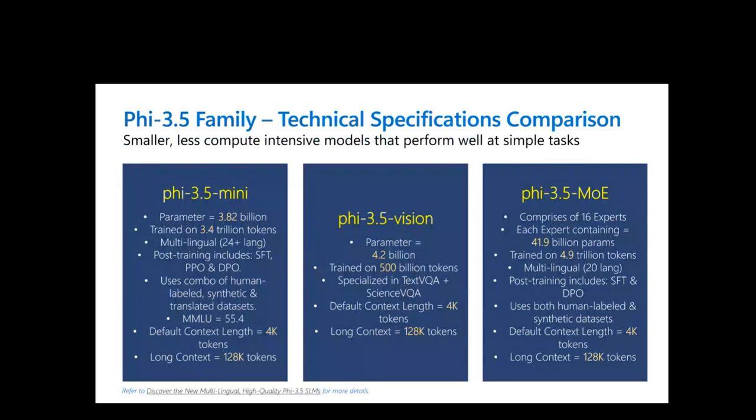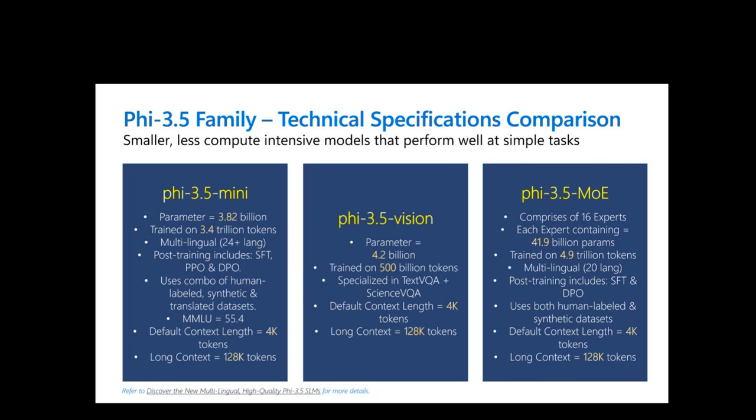Now, again, at a very high level, at the technical specifications level, what are they? This is important to understand. Parameter wise, what we did from 3 to 3.5, a major change, if you see on the screen, is that 3 was a series of 4 models. We have combined them and lessened the number. It's basically then mini, vision, and a new introduction to the family called MoE, the mixture of experts. You'll understand what that is. In mini, it's a 3.82 billion parameter model.